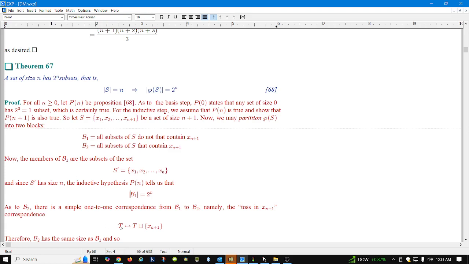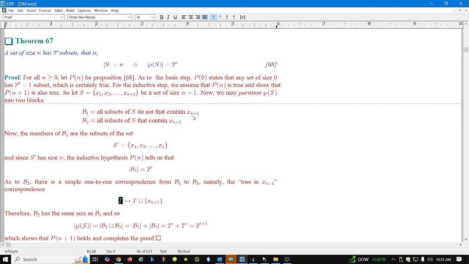So if we take a subset of S that does not contain x sub n plus 1, and we toss in x sub n plus 1, we'll get a member of B2 here. And this is a one-to-one correspondence. And I'll leave you to add any explanation you think might be necessary for that.